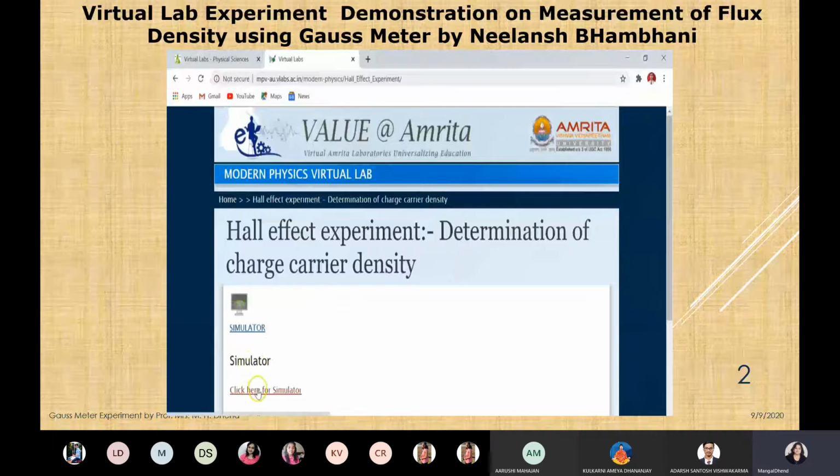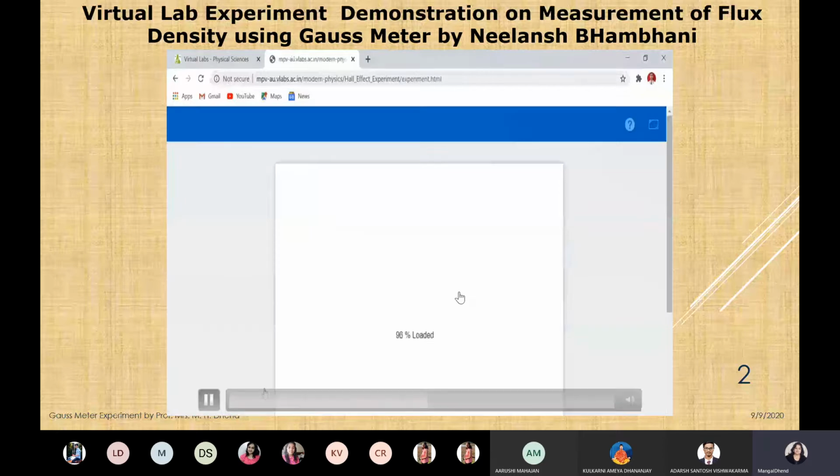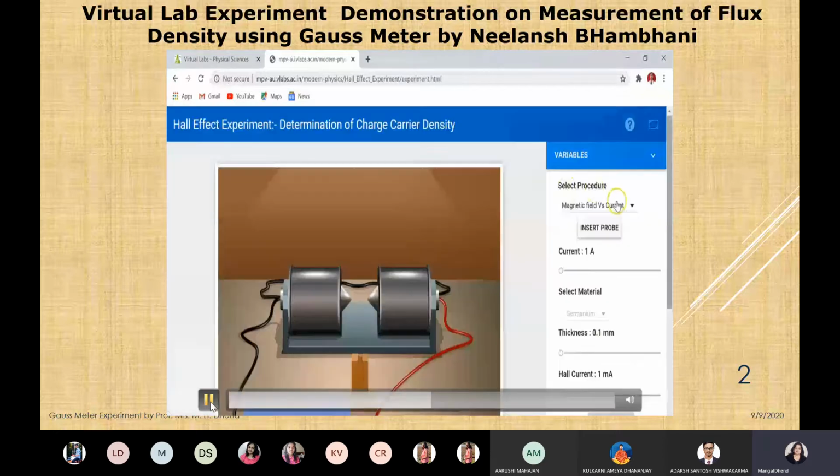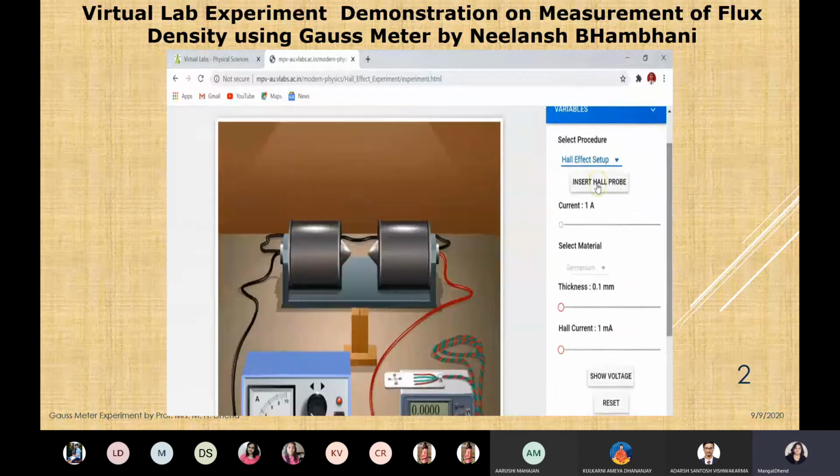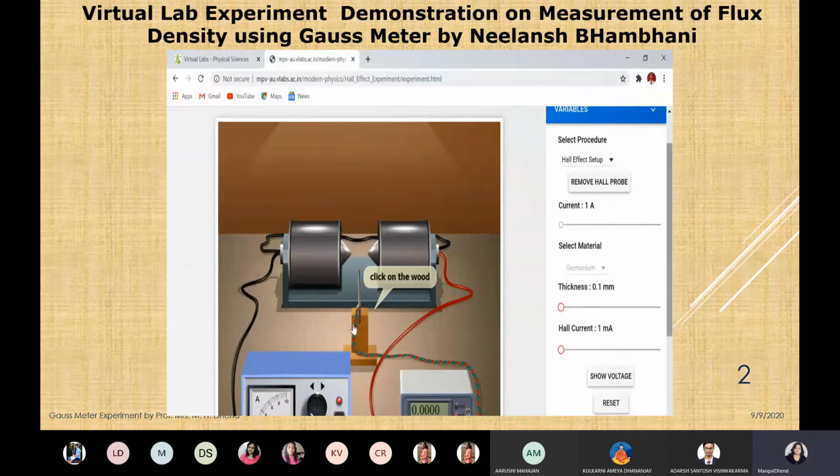This we can see is a simulator of this experiment. Click on it here. As our experiment is Hall effect, we will select the procedure Hall effect. Now insert the Hall probe. By clicking on wood, we can insert it. This is how it is inserted.